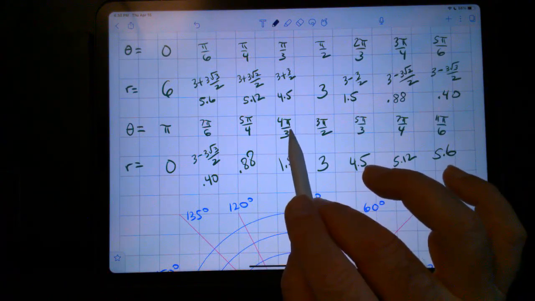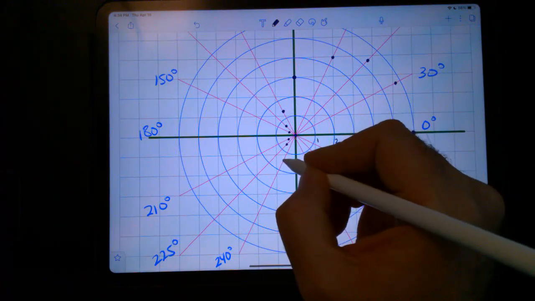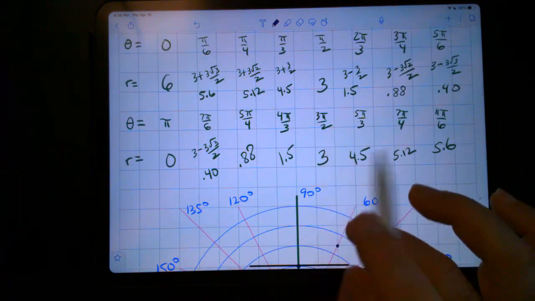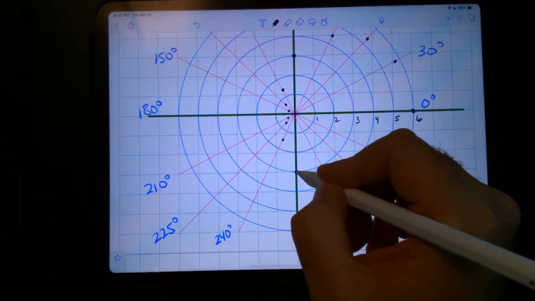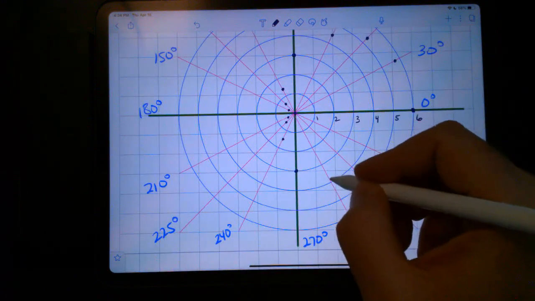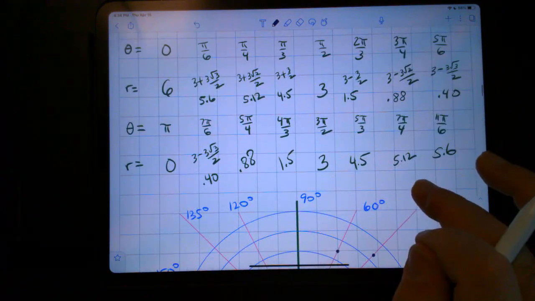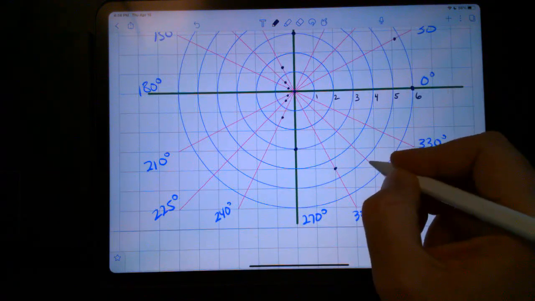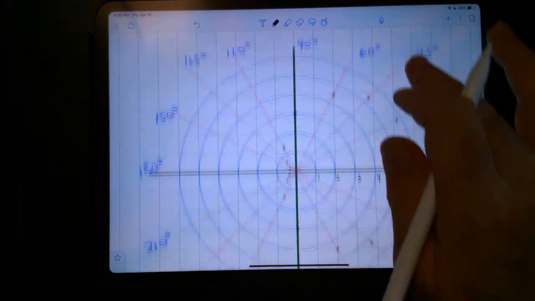When theta is 4 pi over 3, r is 1.5. When theta is 3 pi over 2, r is 3. When theta is 5 pi over 3, r is 4.5. When theta is 7 pi over 4, r is 5.12. And when theta is 11 pi over 6, r is 5.6.